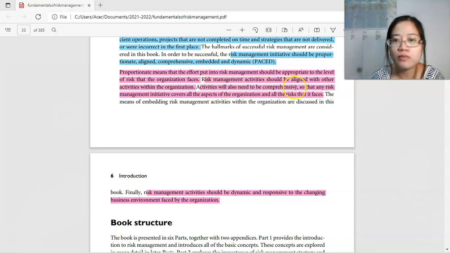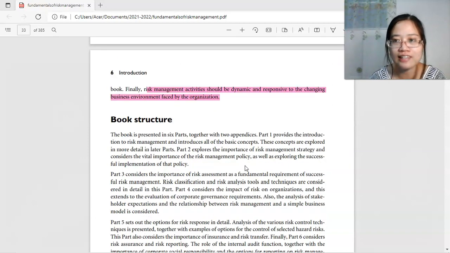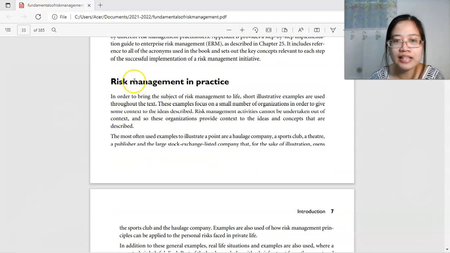Activities will need to be comprehensive so that any risk management initiative covers all aspects of the organization and all the risks that it faces. Tapos yung last, risk management activity should be dynamic and responsive to the changing business environment faced by the organizations. Okay. Nabanggit na natin. Ayan.